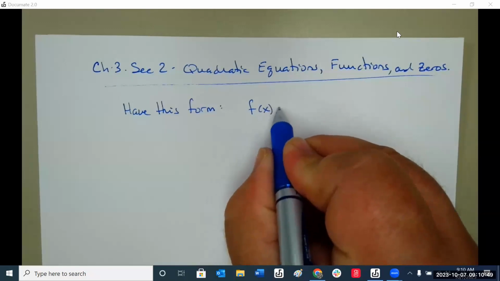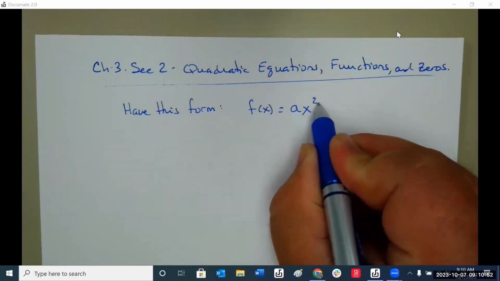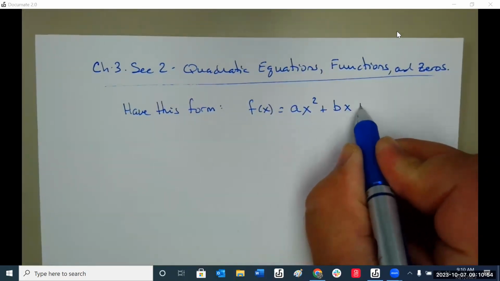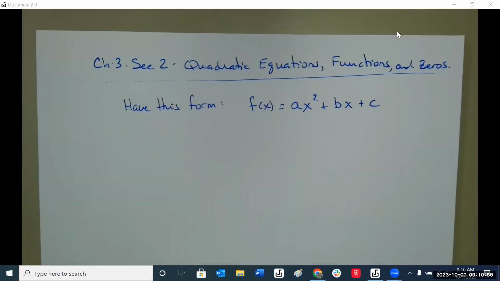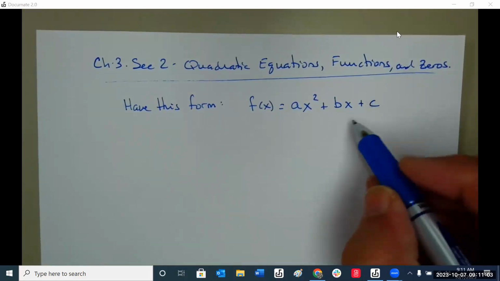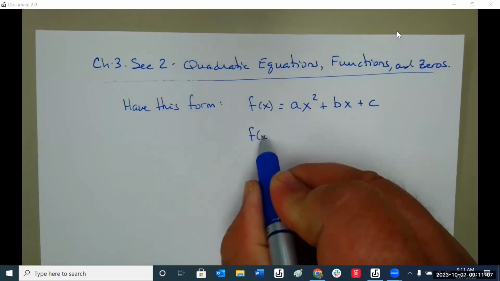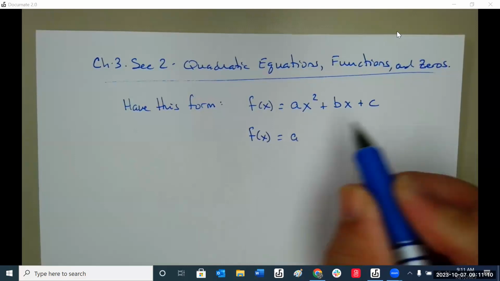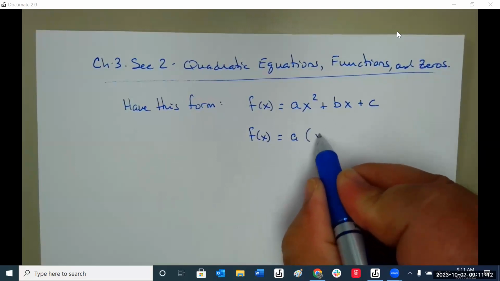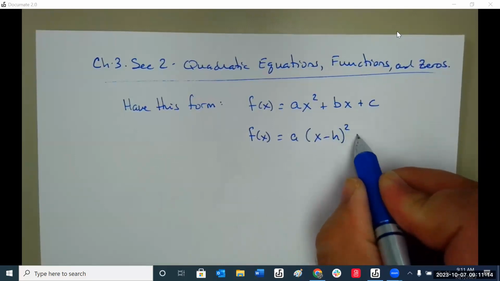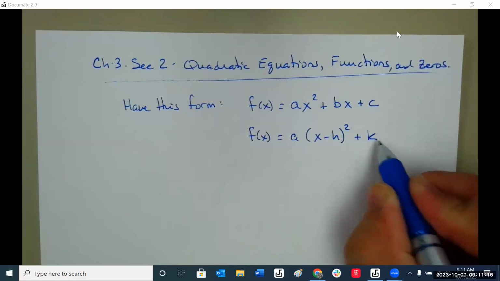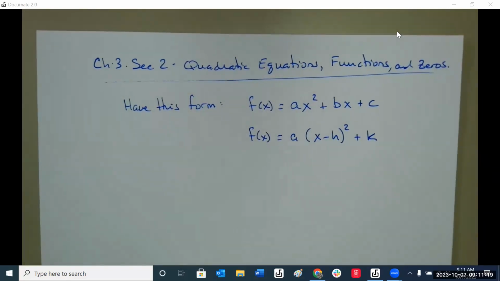The function equals ax squared plus bx plus c. That's the standard form. We can also write it as a(x minus h) squared plus k. They both mean the same thing.